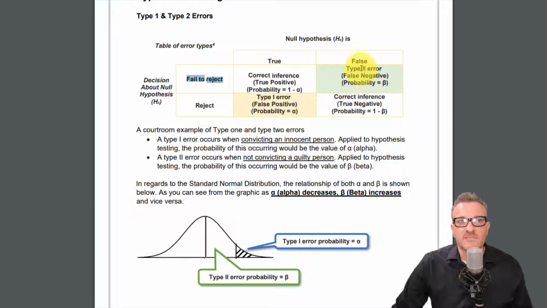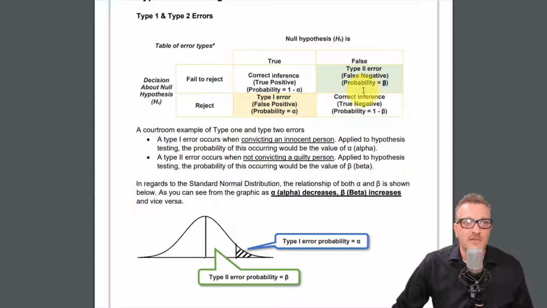But in this case, the status quo is actually false, and we should have rejected it. We thought it was good, but it was not good. So this is a false negative, and the probability of this is our beta value.